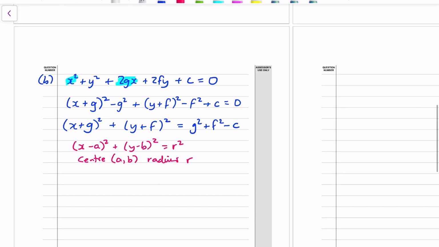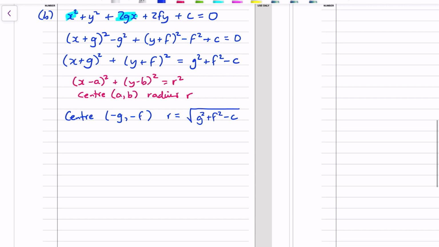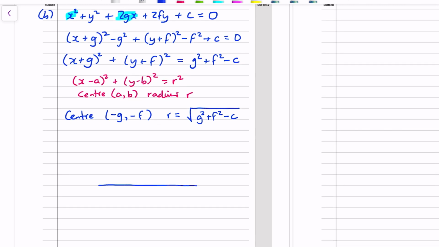So for this particular circle, the centre is (negative g, negative f), and the radius is equal to the square root of g squared plus f squared minus c. So we could draw the circle.